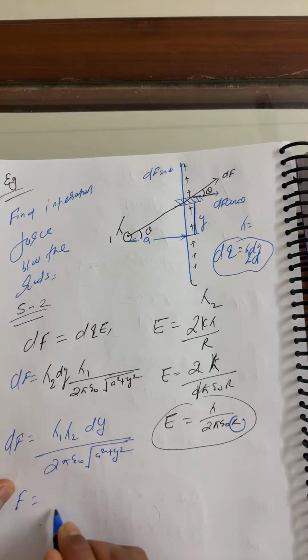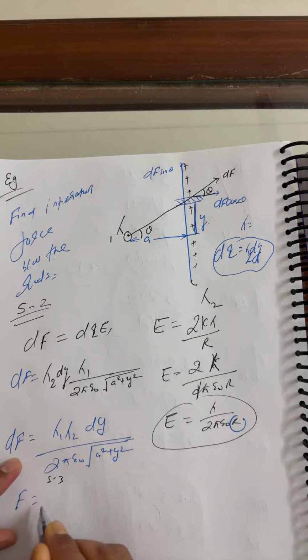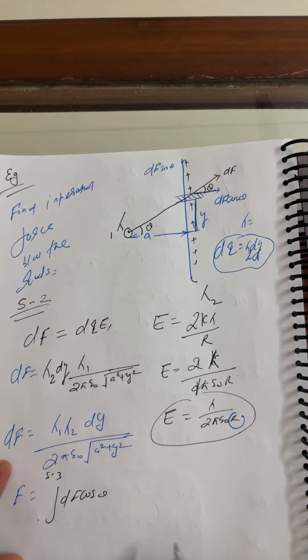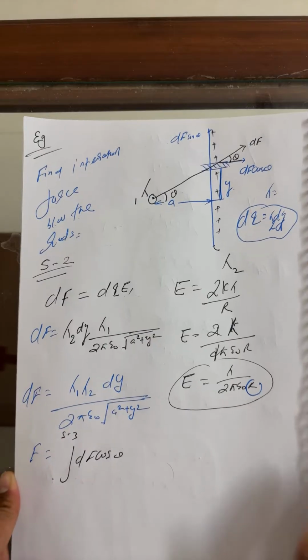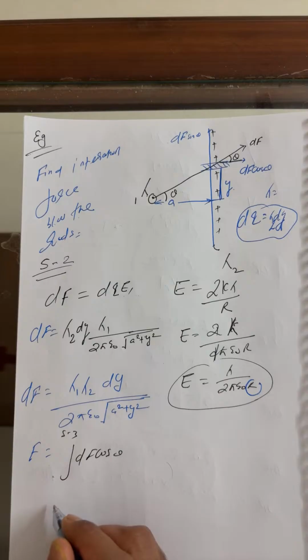For F, step 3 is integration. This is the integral of dF cos theta, and dF we already found here. What is the limit of theta?